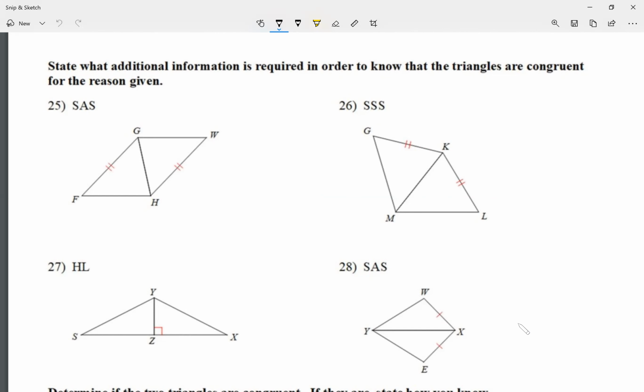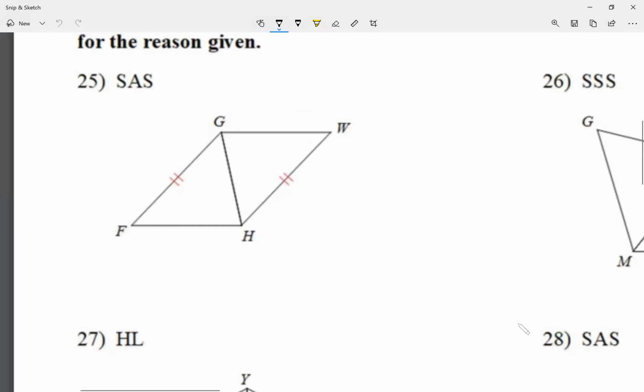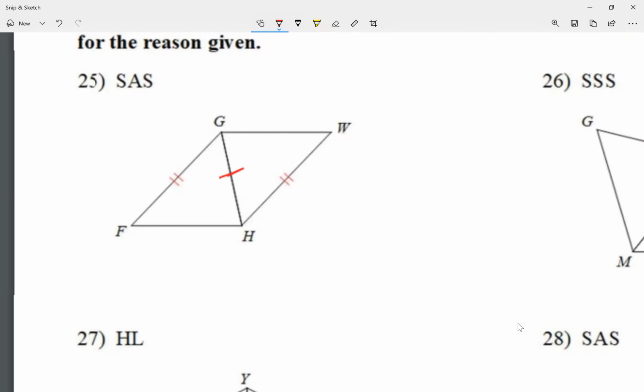In this case, questions 25 through 28, I'm gonna give you 2 of the 3 markings. I am gonna ask, which one am I missing? So that's why it says, state what additional information is required in order to know the triangles are congruent for the reason given. So to begin with, looking at number 25, I'm gonna mark this side.